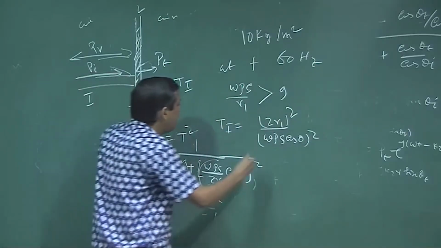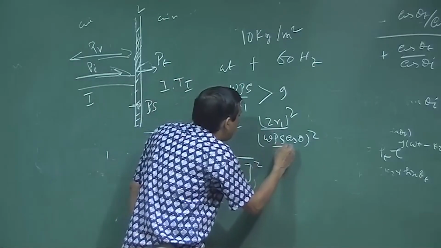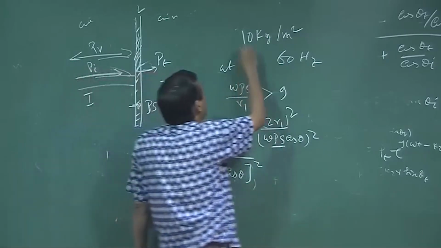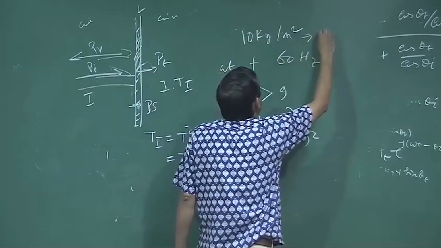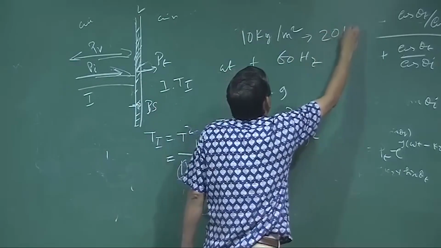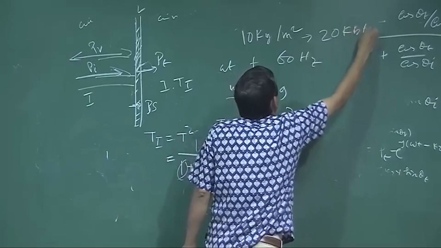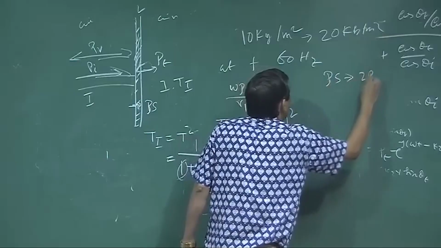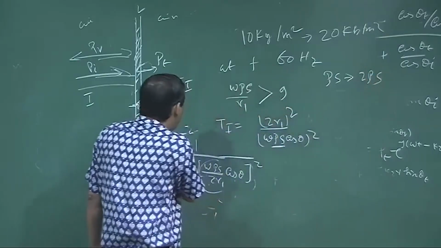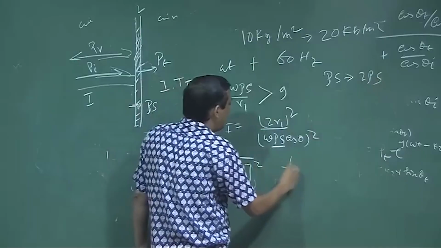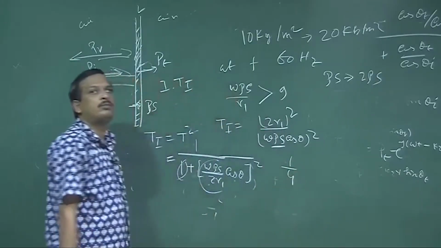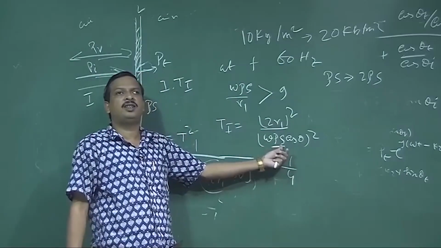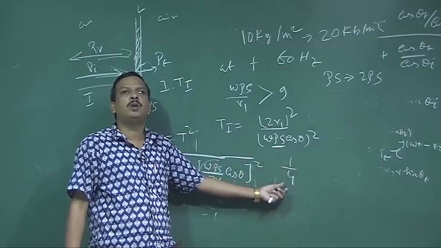Now, if I double the surface density, so instead of 10 kg per meter square, if I use a material whose surface density is 20 kg per meter square, that means rho s increases to 2 rho s. Then the transmission coefficient will be reduced to 1/4. So, every time I double the surface density, the transmission coefficient will be reduced to 1/4.